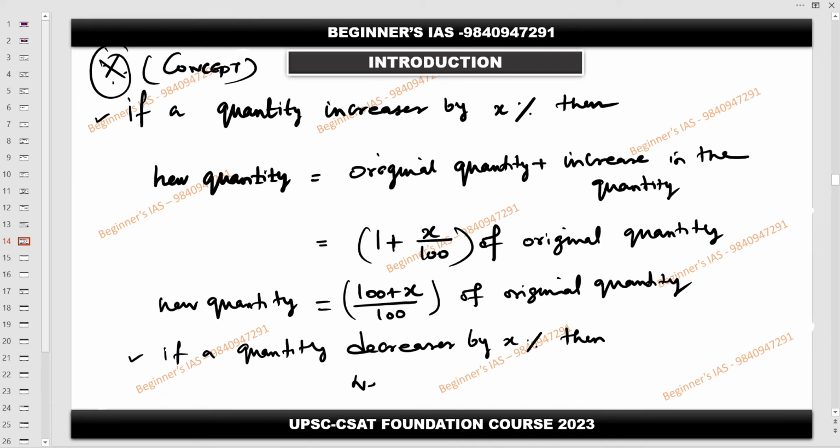So simple. Then the new quantity is equal to 1 minus x by 100 of your original quantity. So this concept plays a very vital role in solving many questions. If it is clear, I will move on to the next concept.